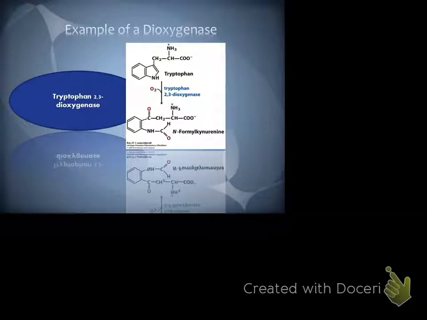No, I mean, if I hid that name, you should be able to say, hey, that's a dioxygenase. And we're going to see other oxygenases later on, because sometimes with the neurotransmitters and things like that. Does anyone know an example? Unfortunately, I can't see what the next slide is. Have you heard of any famous, important medical oxygenases? There are a lot of medicines that target them. Anyone in particular?